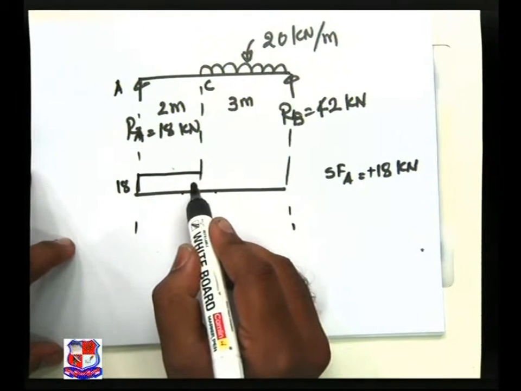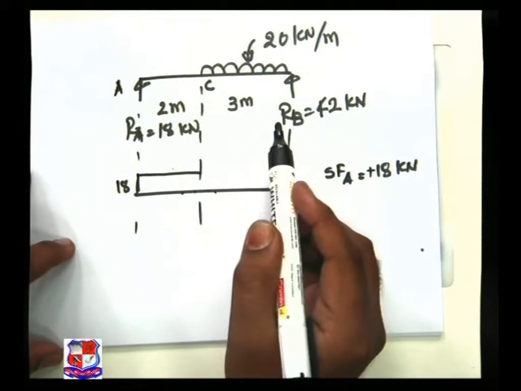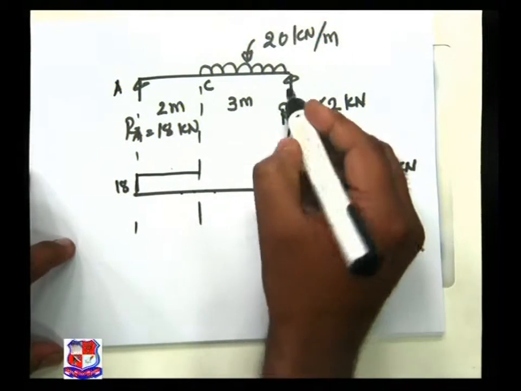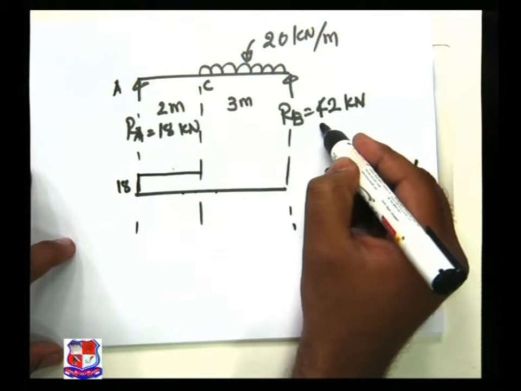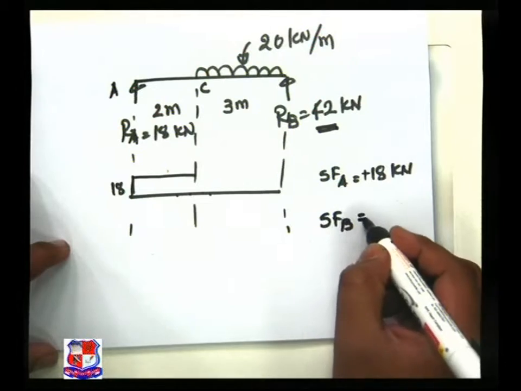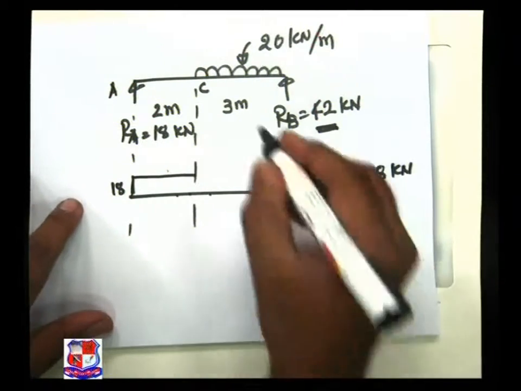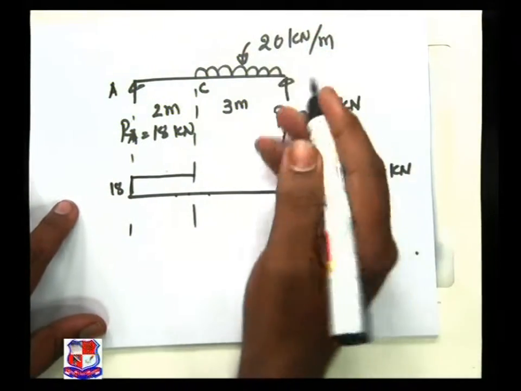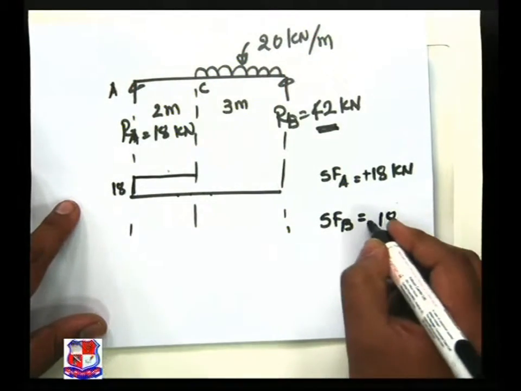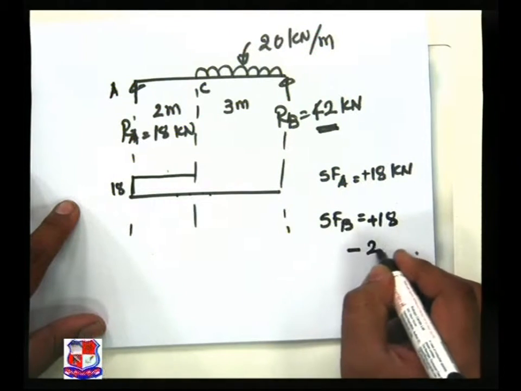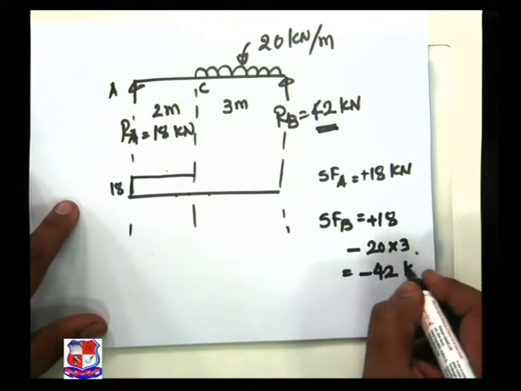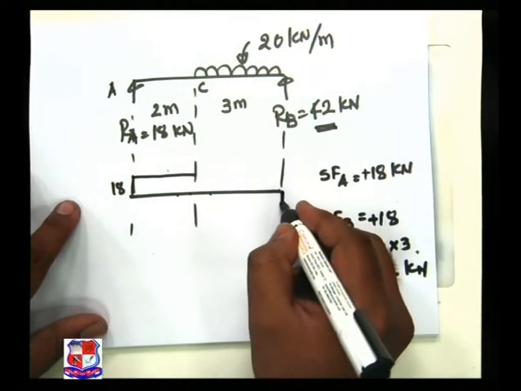Next, SF at B, if I am interested to find out, the answer is known to me, 42, but let us cross check it. If I take a section over here and consider from the left side, then 18 plus sign, minus 20 into 3, and this gives me 42 kilonewton with negative sign.